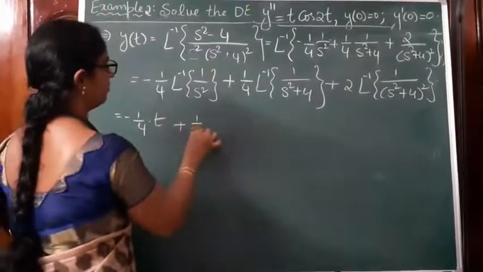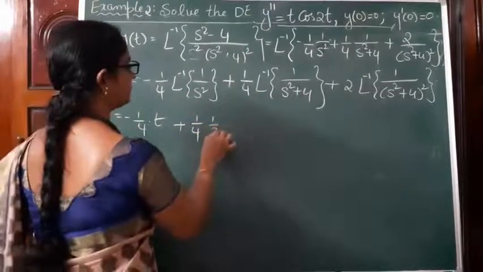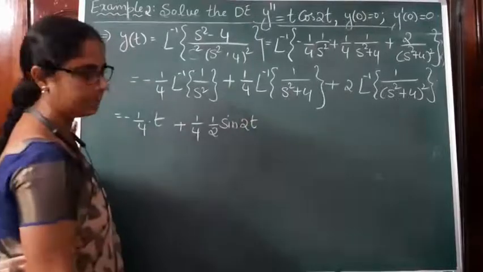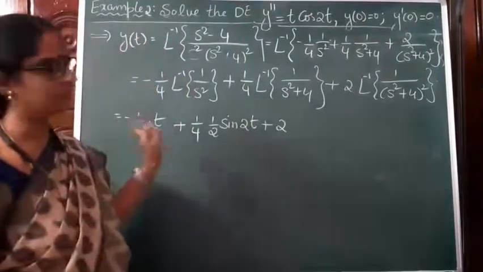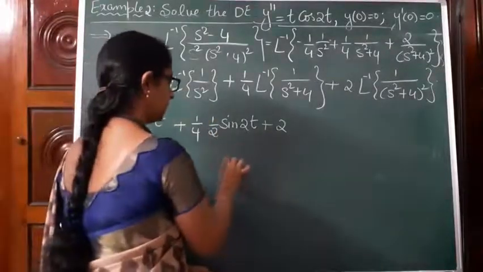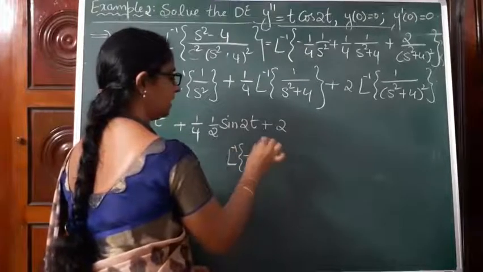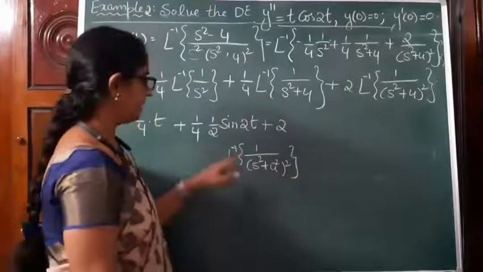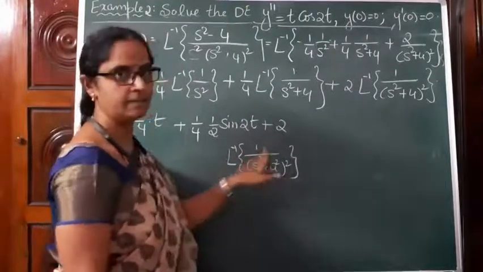Plus 1/4. L inverse of 1/(s² + a²) is (1/a) sin at. So this is (1/2) sin 2t, plus 2 into L inverse of 1/(s² + 4)². If you remember, in the previous lectures we derived L inverse of 1/(s² + a²)² by multiplying and dividing with s, and we applied the property of L inverse of f̄(s)/s.